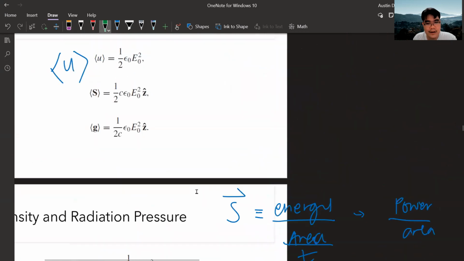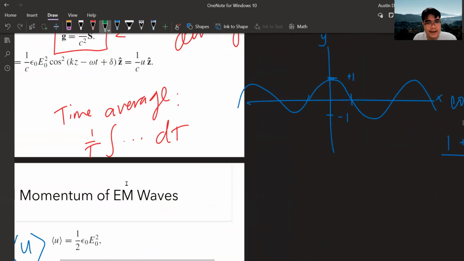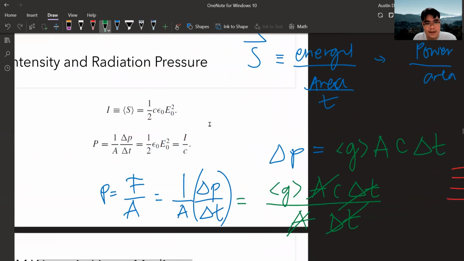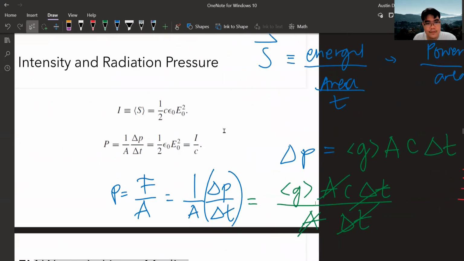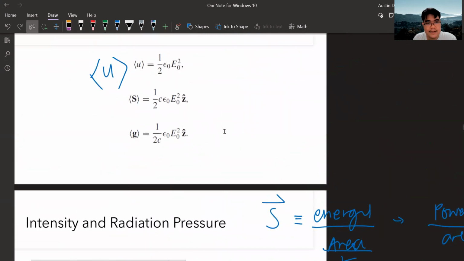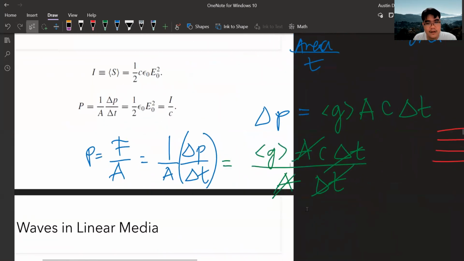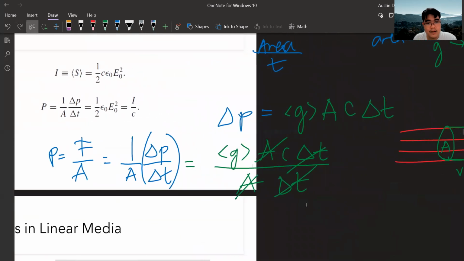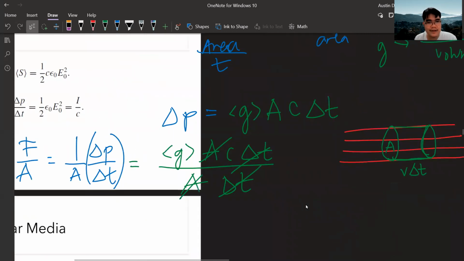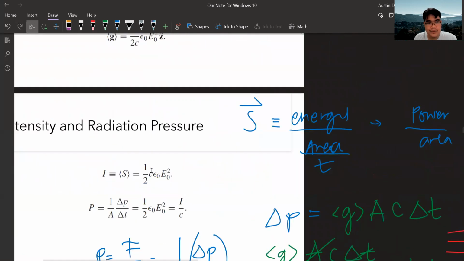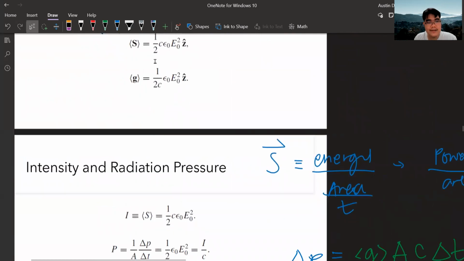However, yung G mo ay defined as... ayan. Ito pala yung sagot, sorry. C. Okay? So, yung time average of G is this.